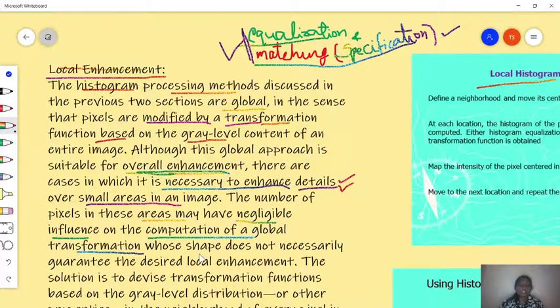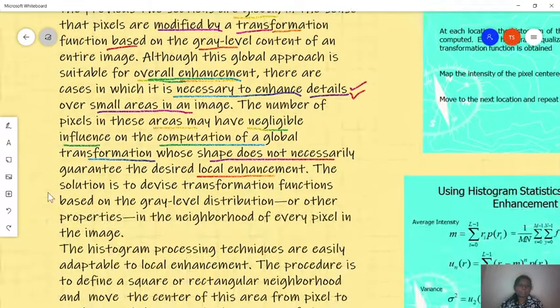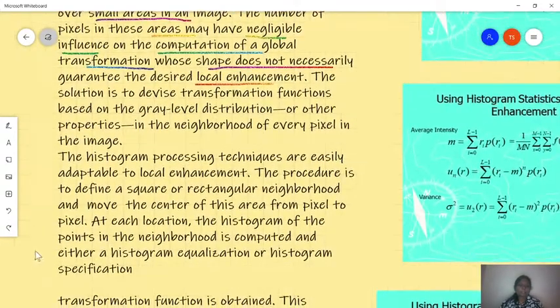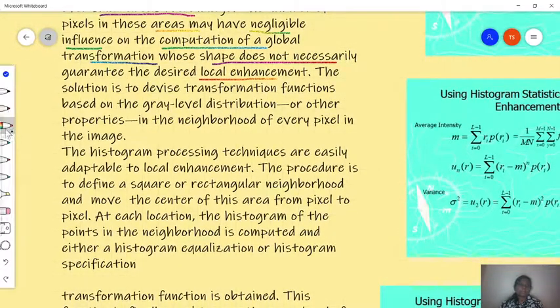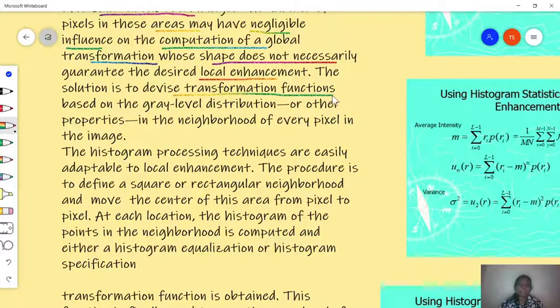So, the shape does not necessarily guarantee the local enhancement. For this, we need a solution, and that solution comes from devising a transformation function. Within the transformation function, we have to devise it for getting the solution. And the transformation function is based on the gray level distribution only.